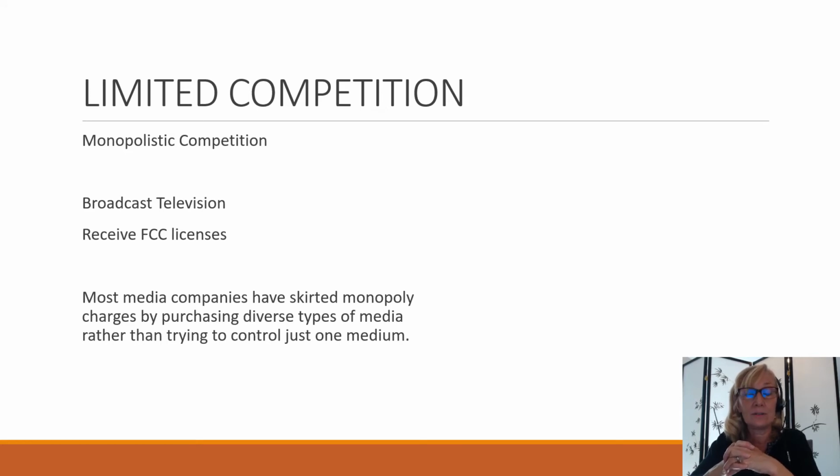Now there's also digital television. But broadcasters receive licenses from the Federal Communications Commission, in part because if there were too many people trying to jump onto the nation's airwaves, it would cause a lot of confusion. And we'll talk about how that happened in the early days of radio and also television.